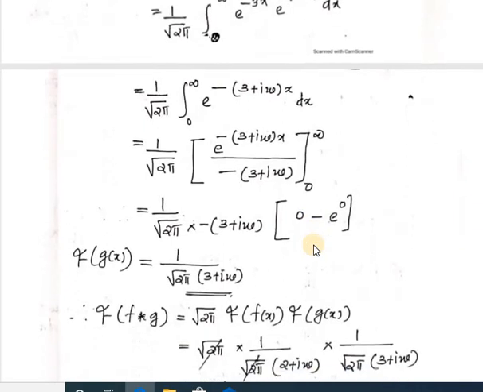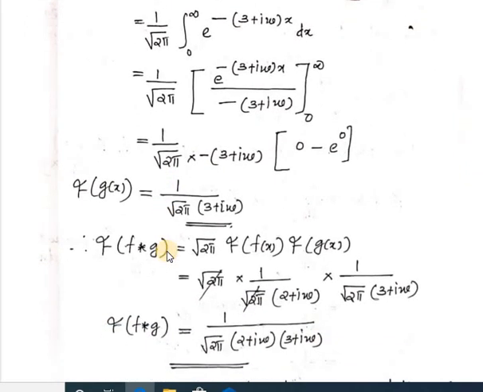Now take the integral with respect to x. The exponential integral is the same, e raised to minus (3 plus i omega) x. The derivative of this term with respect to x is minus (3 plus i omega), with the limit 0 to infinity. When we apply the upper limit infinity, e raised to minus infinity is 0, minus e raised to 0 is 1, and we can take this term outside. So minus minus is plus, and the answer is 1 by root 2 pi times 1 by (3 plus i omega).